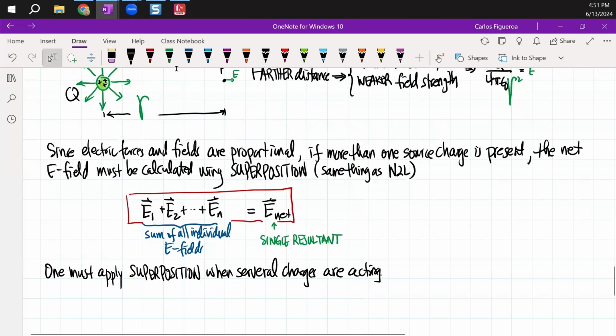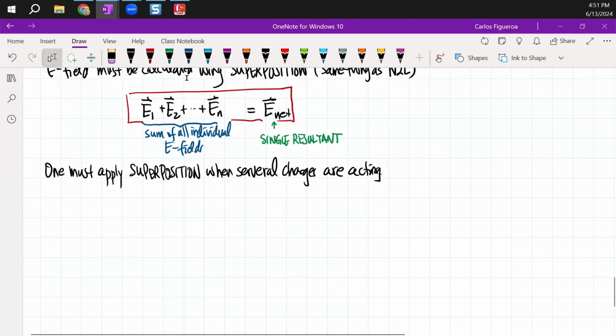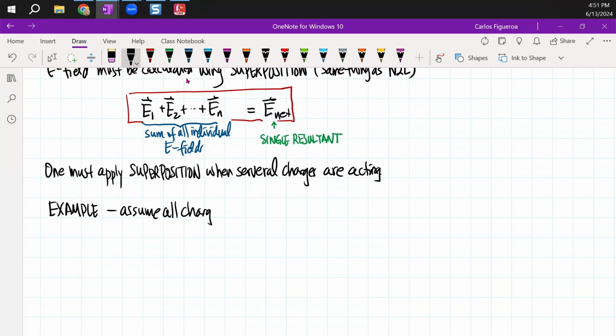And to give you a sense of this, I want to give you an example and remind you what I mean by superposition. So what I'm going to do is assume all charges have different signs, but the same magnitudes.